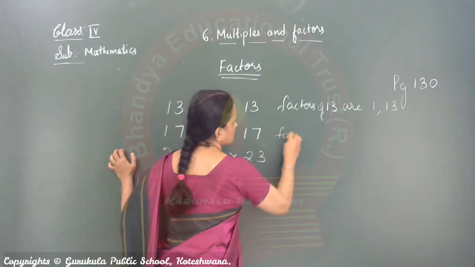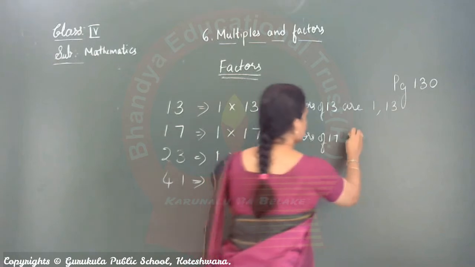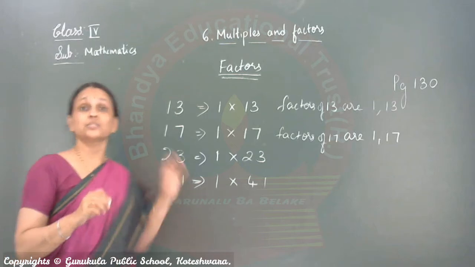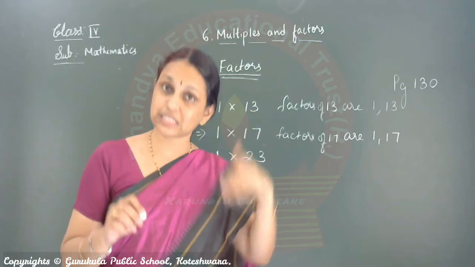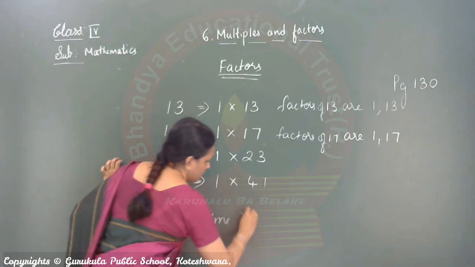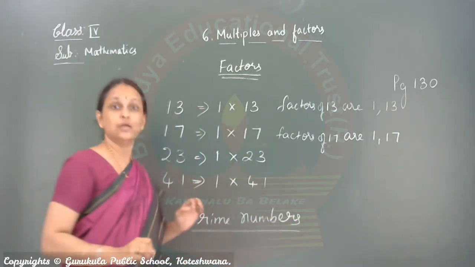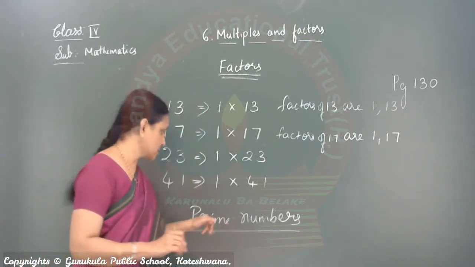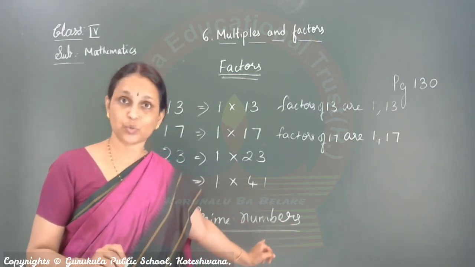Again, factors of 17. What are those? 1 and 17. So, numbers which have only two factors, that is 1 and itself, are called prime numbers. You can find many numbers, children, which have only two factors, 1 and itself. Such numbers are called prime numbers. I hope you understood what prime numbers are.